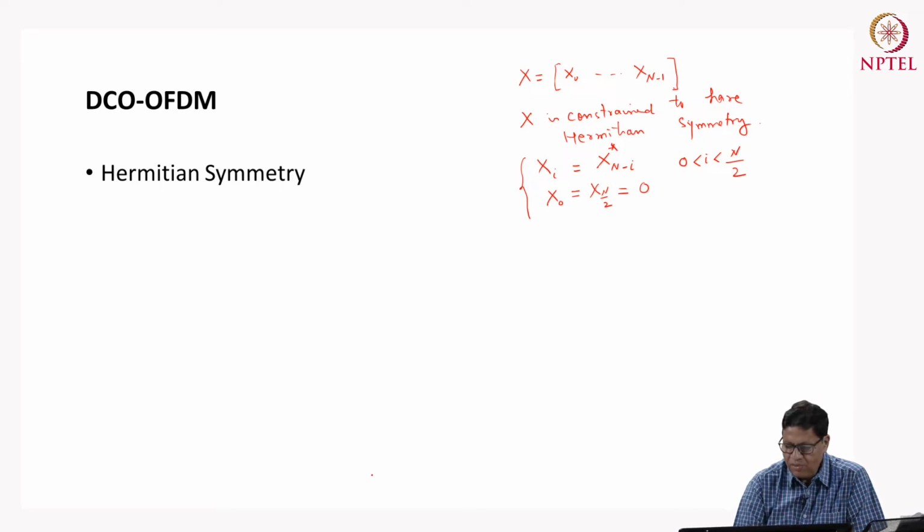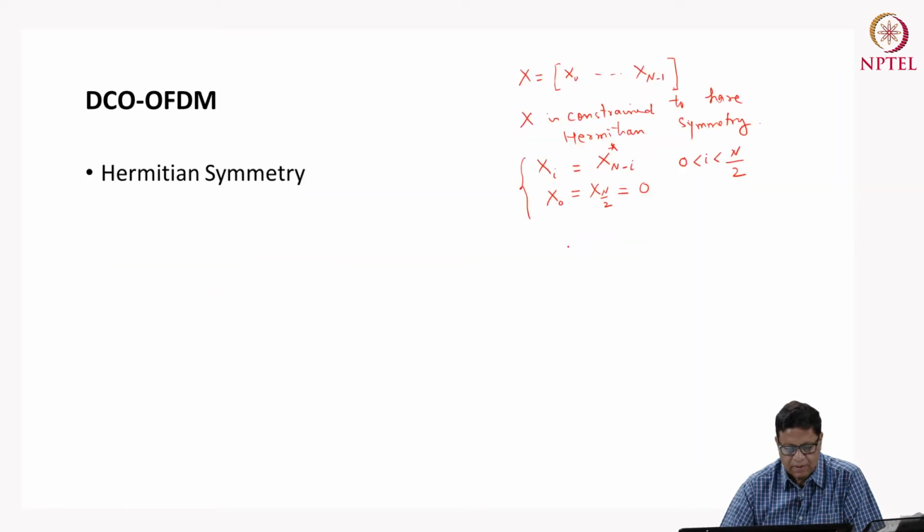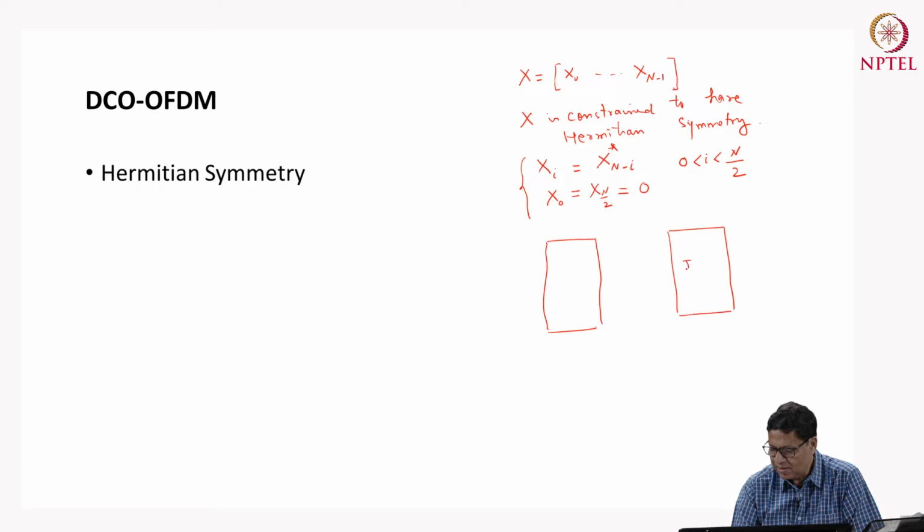Now, if I perform the IFFT operation here, let me first draw it. Remember that we do IFFT at the transmitter when we generate the OFDM signal.